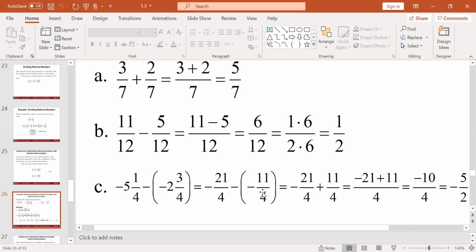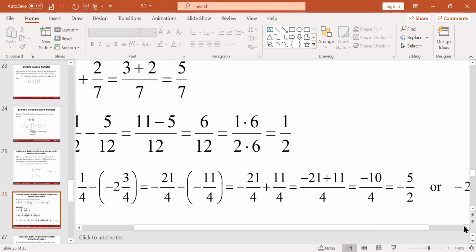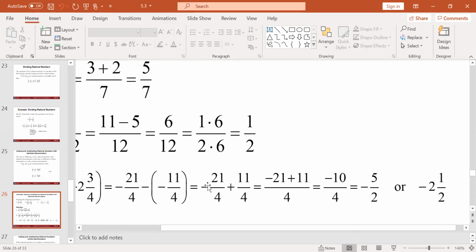Minus a minus is going to turn into addition, as per our rules of addition, subtraction, and all that. So you're going to end up with -21 over 4 plus 11 over 4. They have the same denominator now, which is good to see. So the answer is going to have that same common denominator.